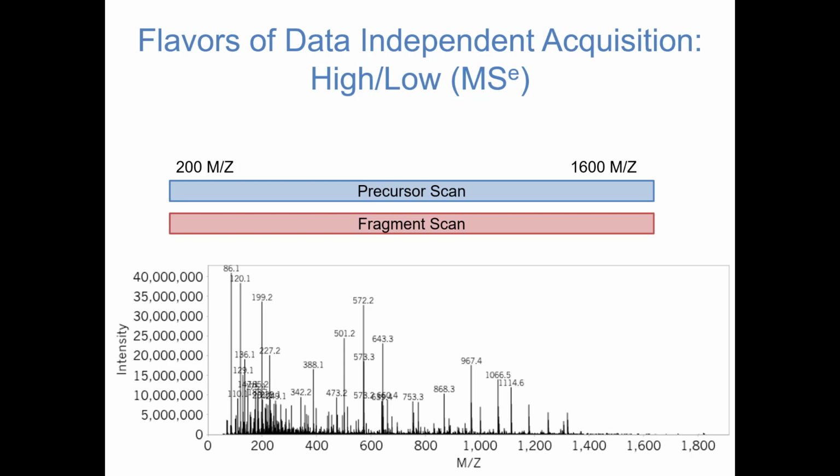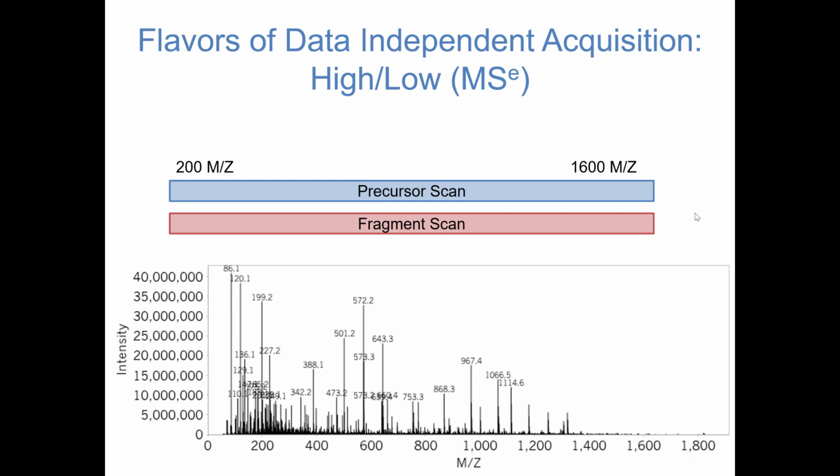So you end up with these extremely complicated MS2s that contain hundreds of peptides simultaneously fragmenting, giving fragment ions at a measurable level. And so trying to detect a peptide out of this is a feat unto itself.